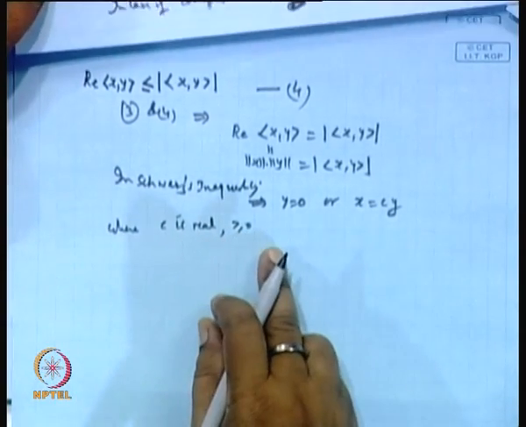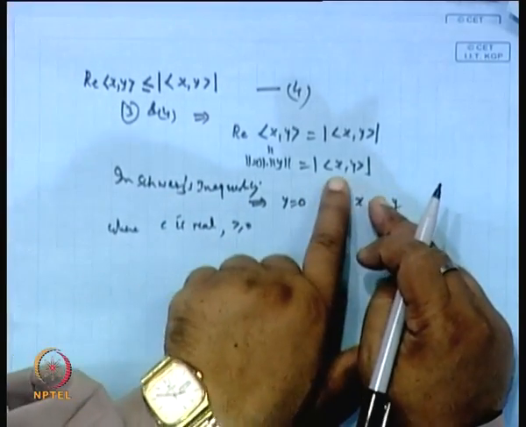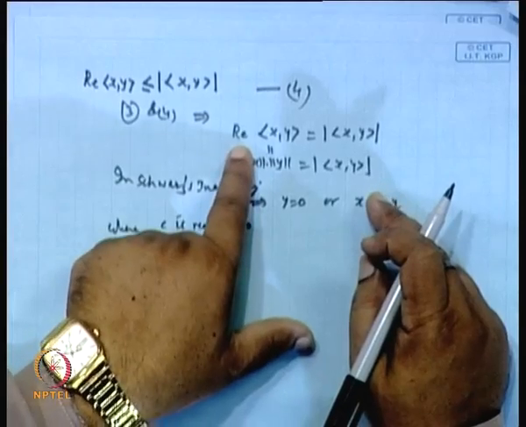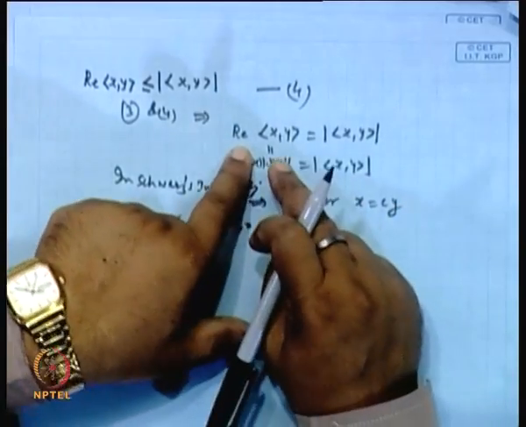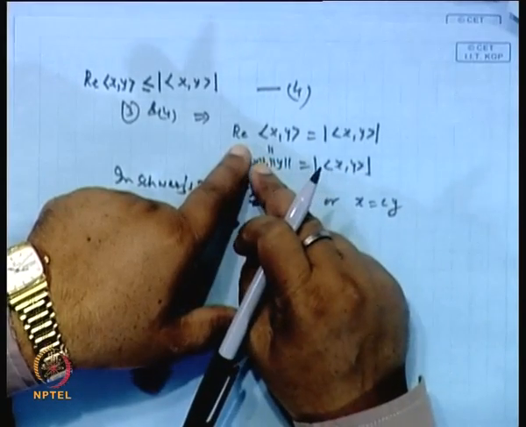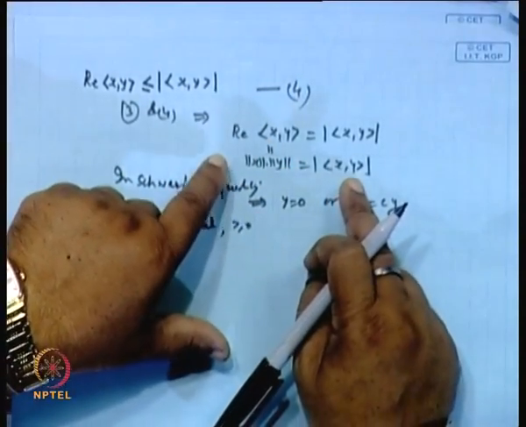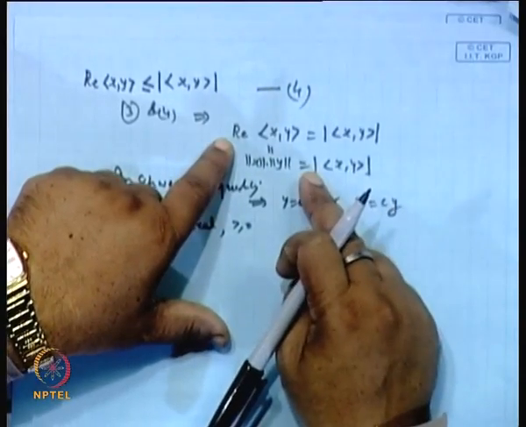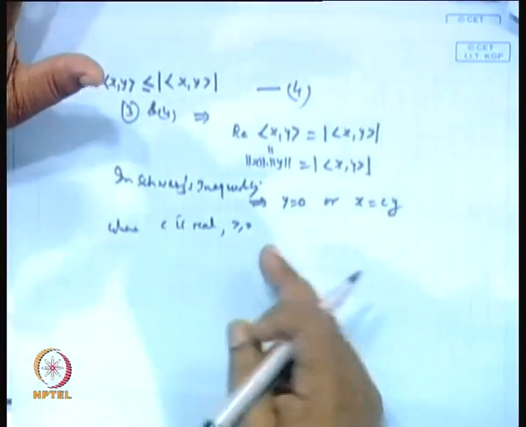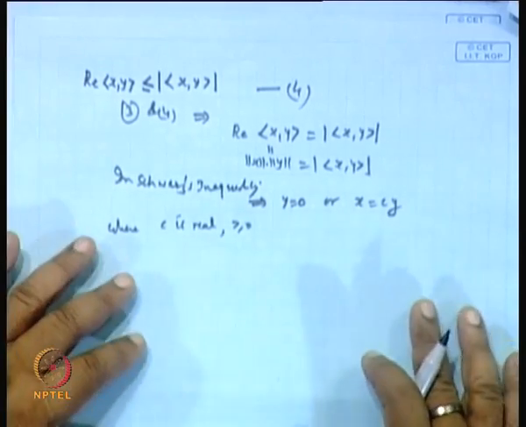Even c can be proved to be real and greater than 0, because once you are saying the modulus of this inner product is the real part of this, it means this will be a non-negative quantity. So, it is greater than or equal to 0. So, once it is greater than or equal to 0, replace by x equal to c y. So, we can take c outside and we get c to be greater than or equal to 0. Clear?